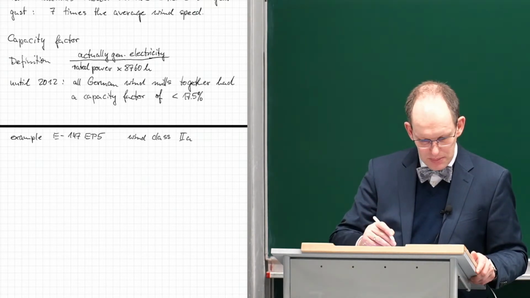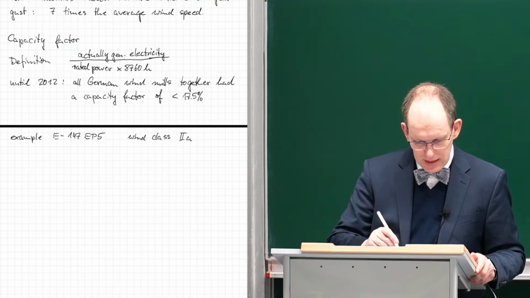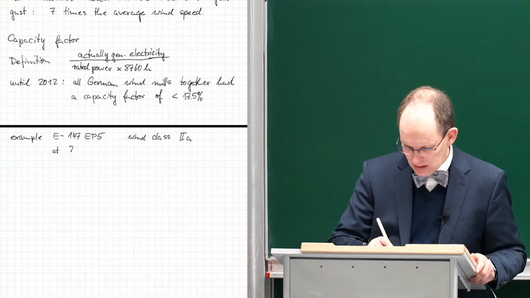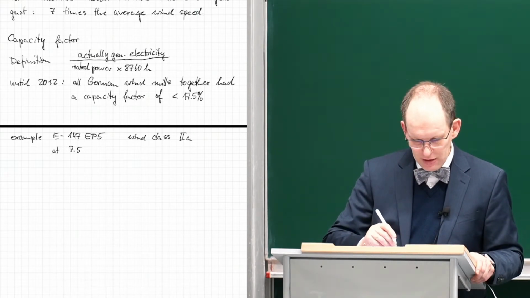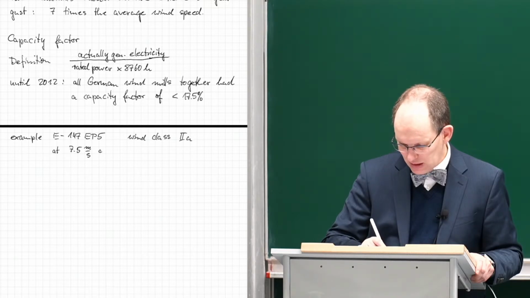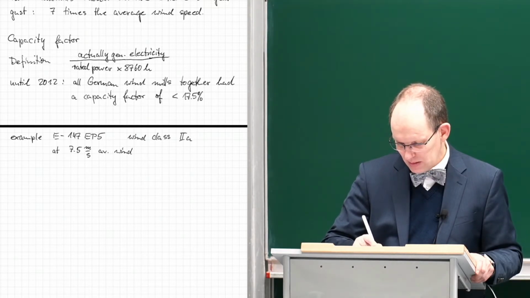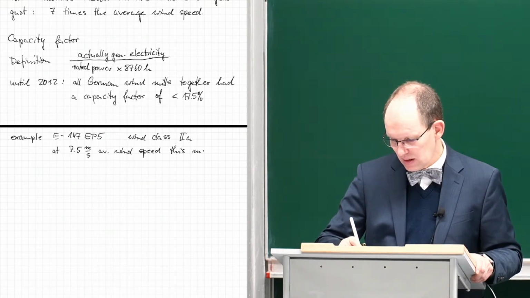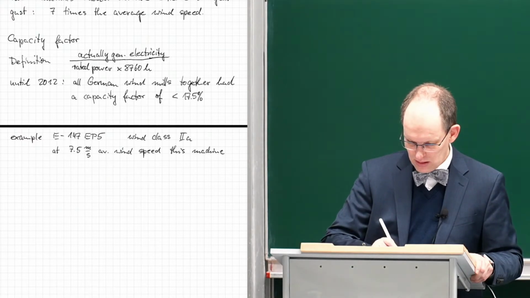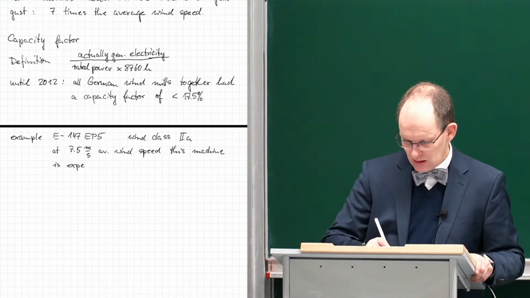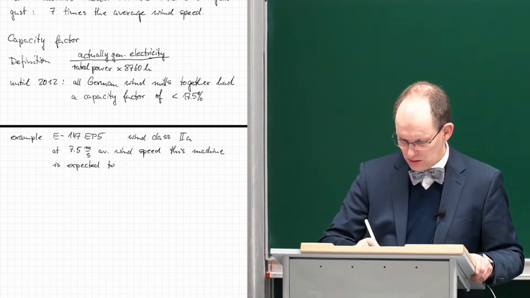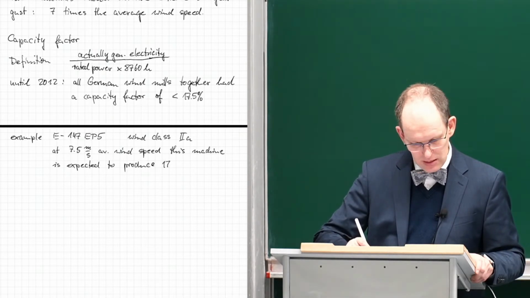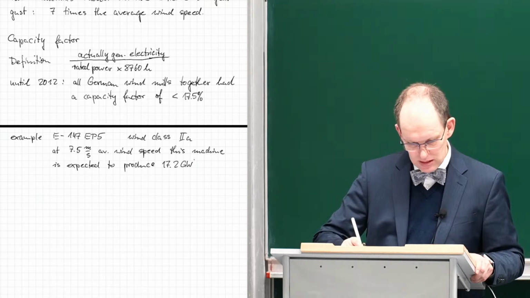And now I looked it up on Wikipedia. So what they say is at 7.5 meters per second average wind speed, this machine is expected to produce, now what was it, 17.2 gigawatt hours.